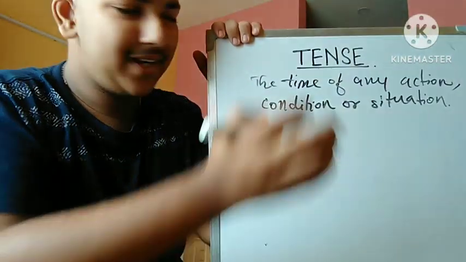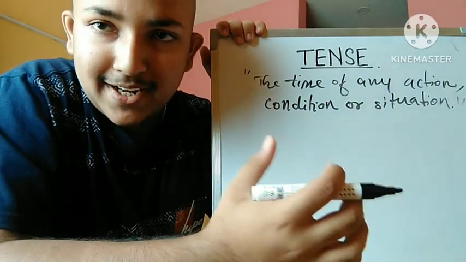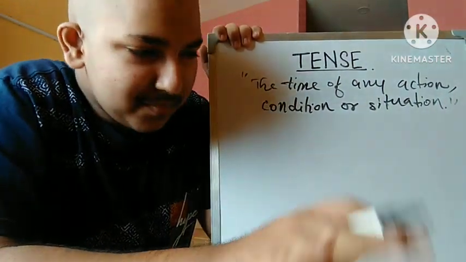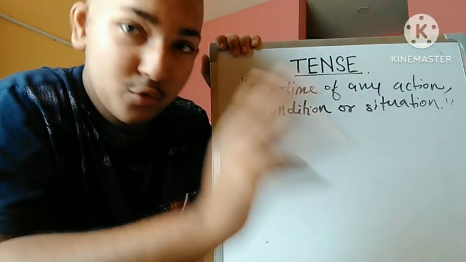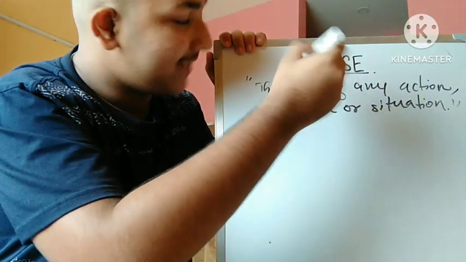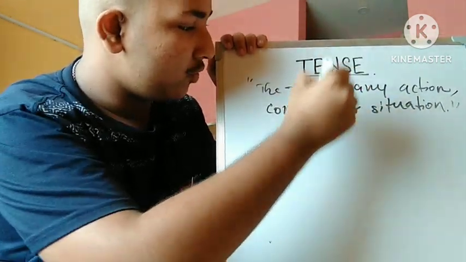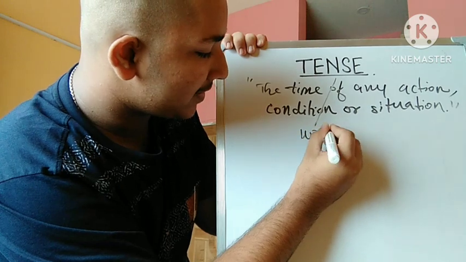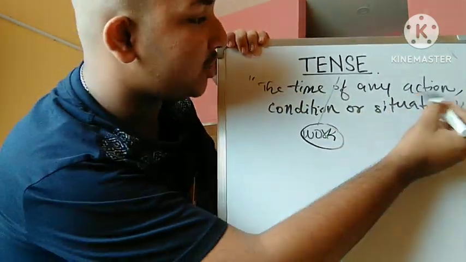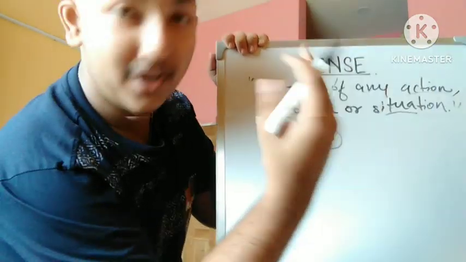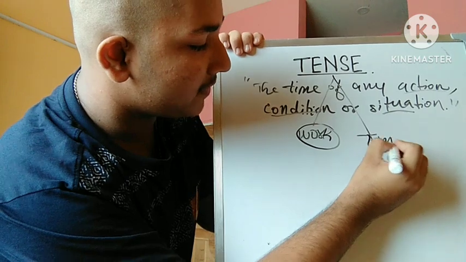What can we extract from this definition? We can simply extract that tense is basically based on two factors. One is work, what we are doing, meaning that action, condition or situation, and another factor is time.